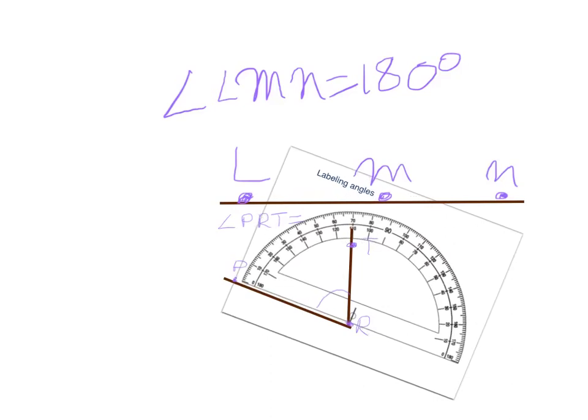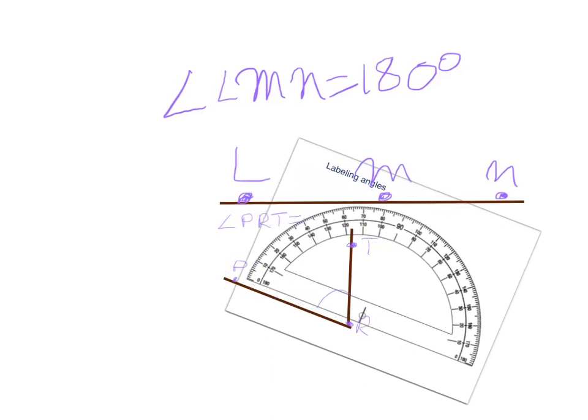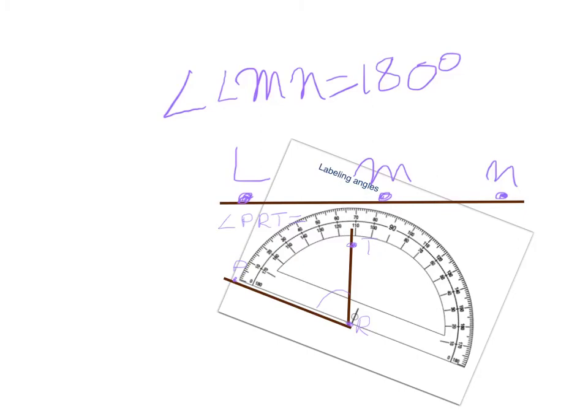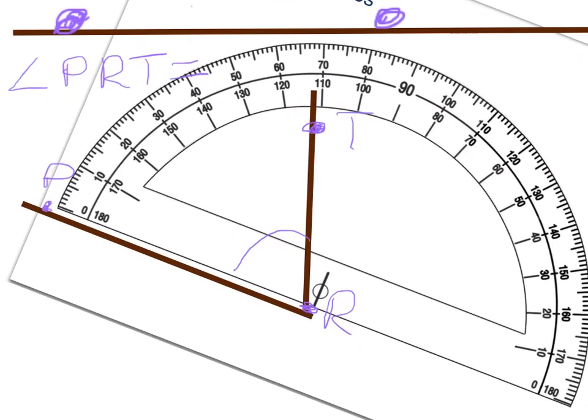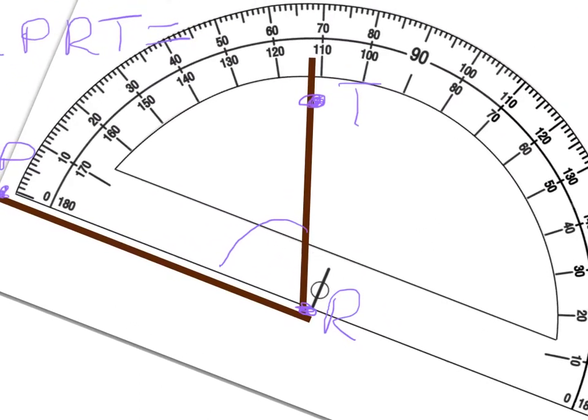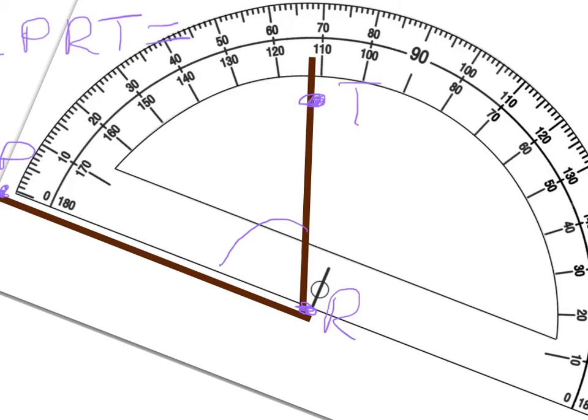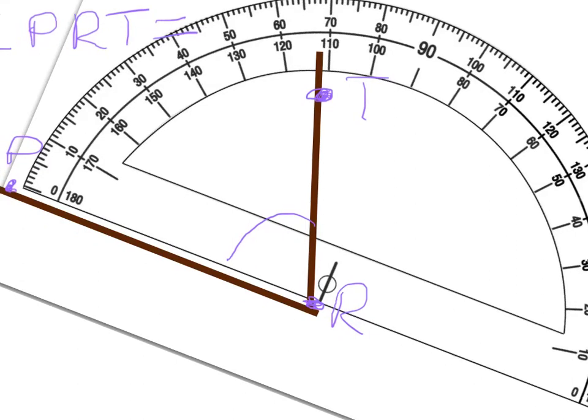Make it a little bit bigger. Move it down a little bit. Let's zoom in. Looking at this angle PRT, I've got it right on that straight line, and you notice it's pointing to 110 and 70. Well, I know that the angle I'm looking at, PRT, is the interior, the acute angle. So I can't pick the 110 number. It's an acute angle. I'm looking at the 70.